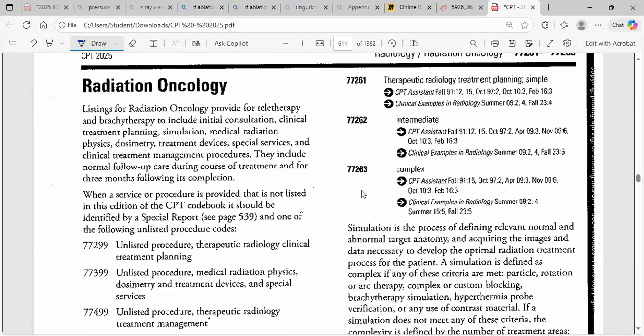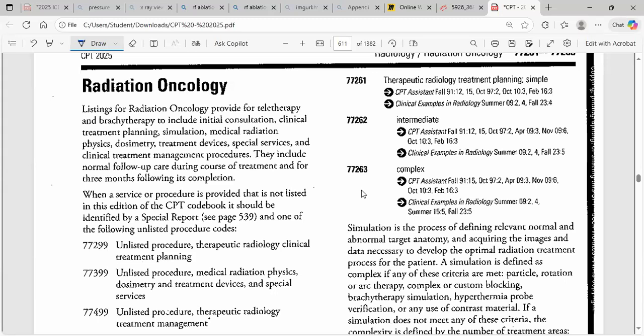Nuclear medicine is a branch of medicine which deals with the use of radioactive substances to diagnose or to treat neoplastic conditions.